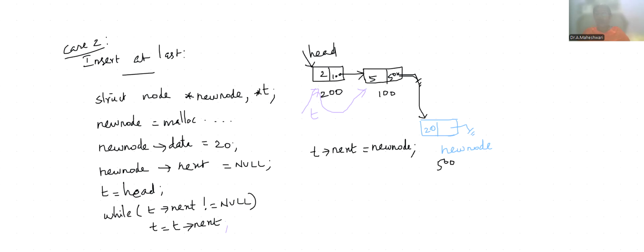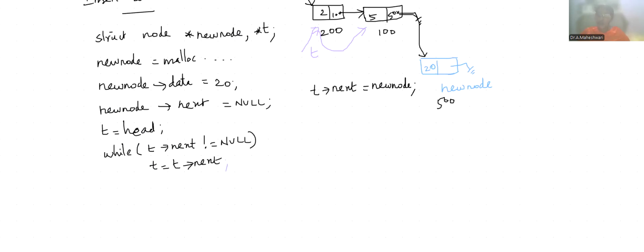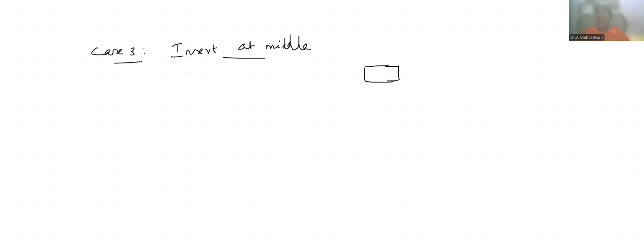Let's see one more insertion: insertion at the middle. Okay. So I have three nodes, right? One is 1, 2. This is 5.